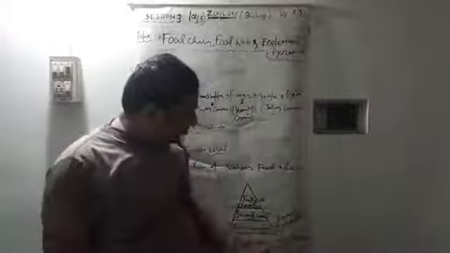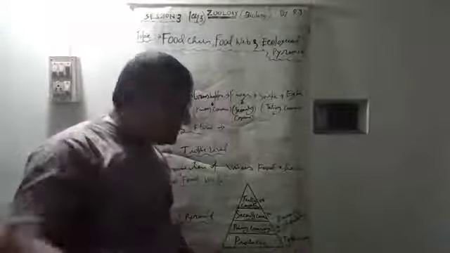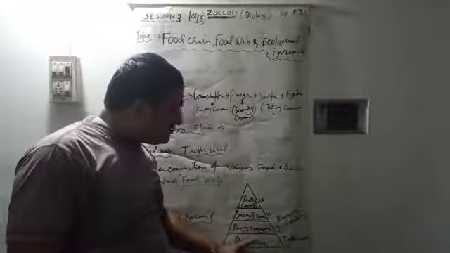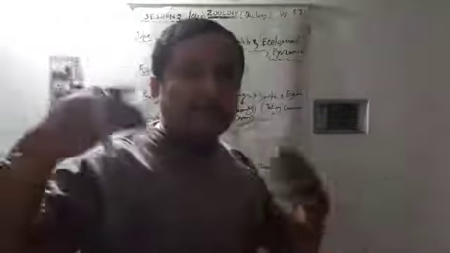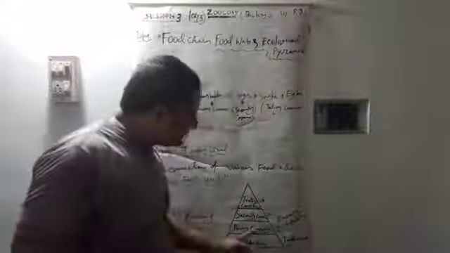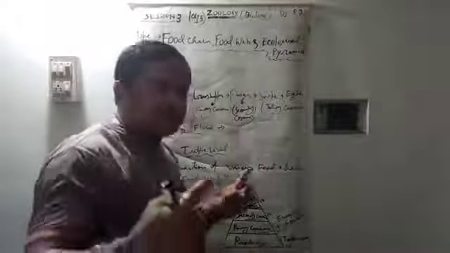So that energy goes to that level. Their number is generally comparatively lesser than producers. So their energy is also less, because due to digestion, absorption, excretion, their energy is also released. So the energy level gradually decreases. At the primary consumer level energy decreases, so the size also decreases in such a way.